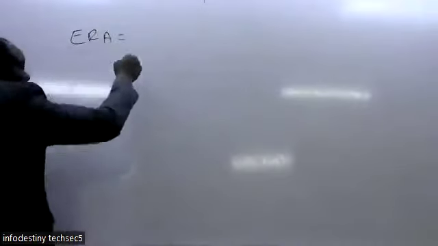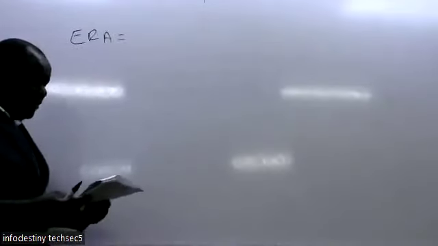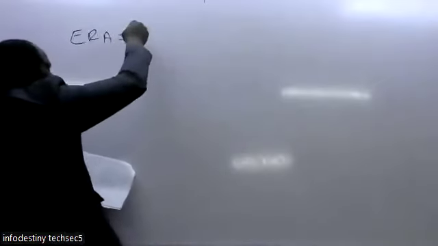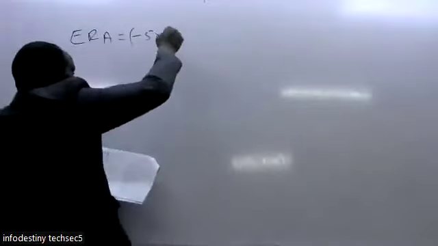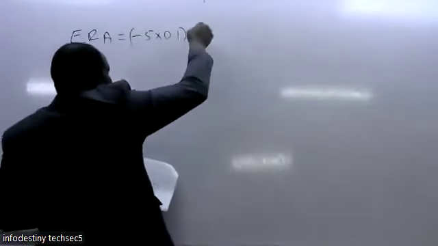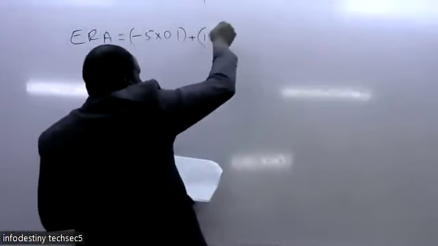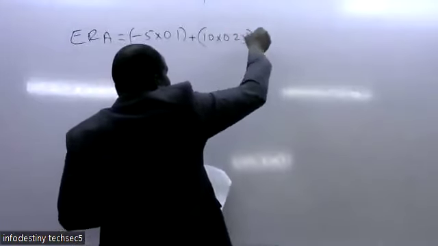So we start by computing expected return for A. To compute expected return for A, you simply take each return. The first one is -5 multiplied by 0.1. The next one is 10 multiplied by 0.25.